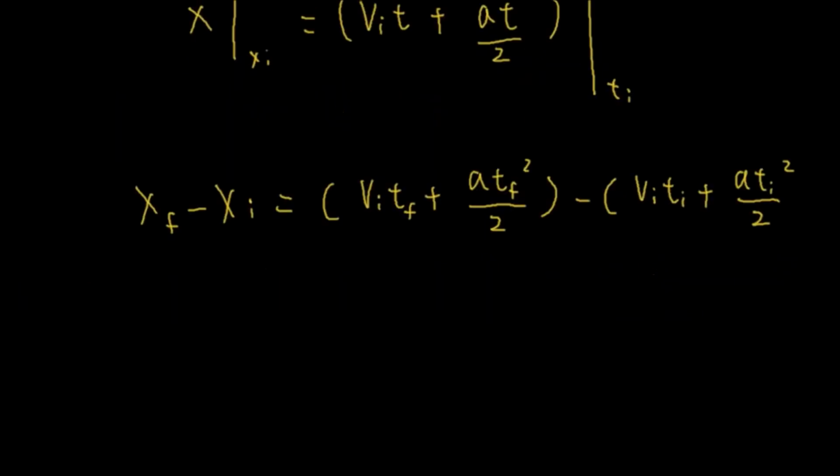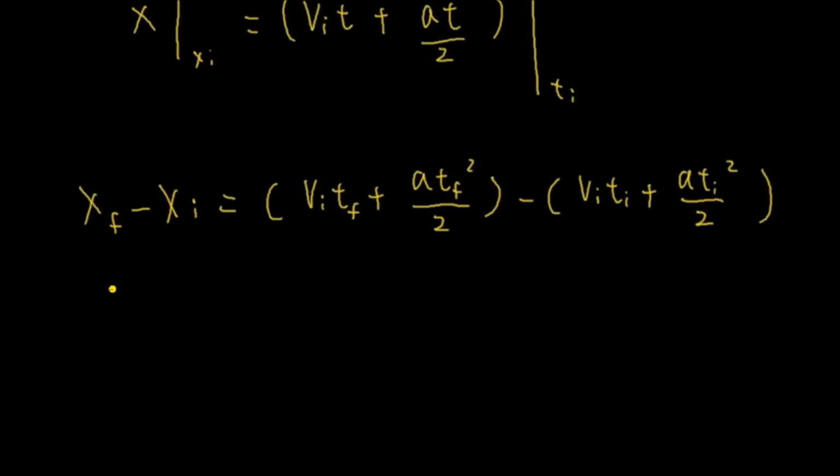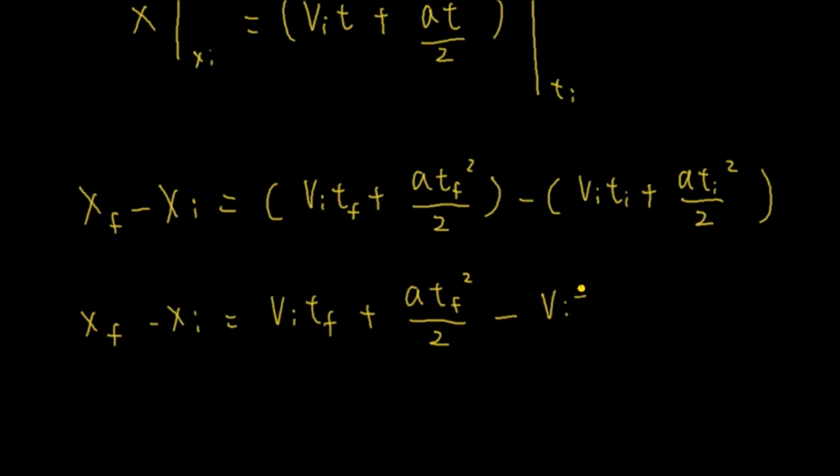Okay, so now let's just keep this side the same for now. So we have final position minus initial position is equal to, okay, this side we can put the like terms together here. So we will take out the bracket first. So it's v sub i t f plus a times t sub f squared over 2 minus v sub i times t sub i minus a times t sub i squared over 2.